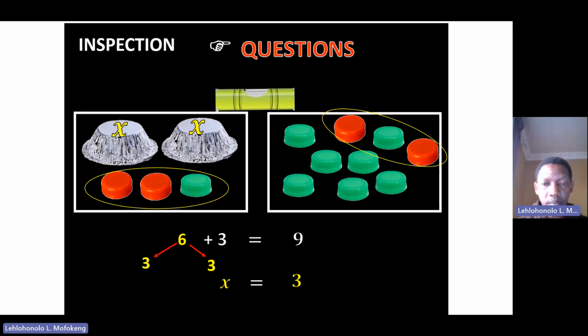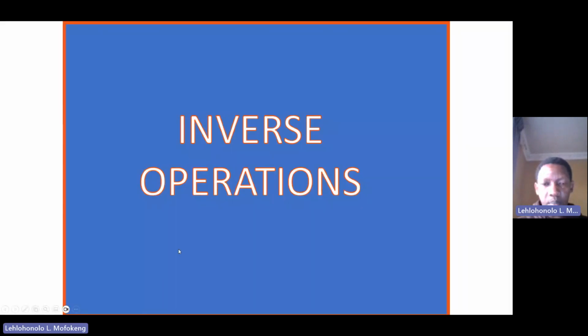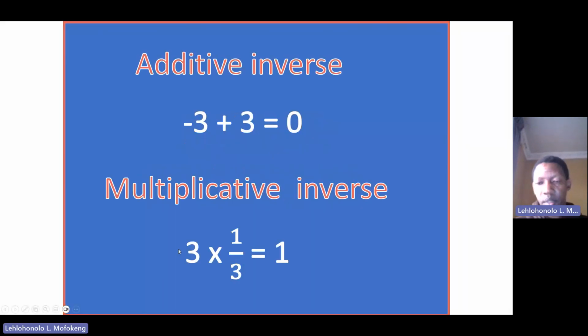Moving forward, now we are going to solve by inverse operation. With inverse operations, we have the additive inverse. The additive inverse of -3 is +3, because when you add the two, you'll get 0. And then we're also going to apply the multiplicative inverse.